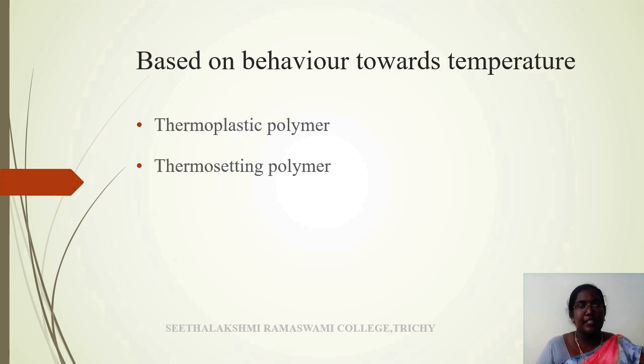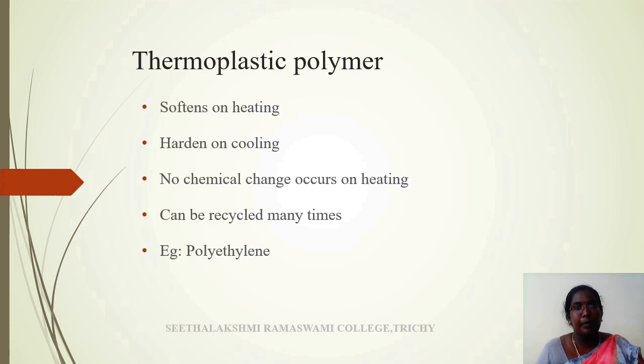Next, we are going to classify polymers based on how they behave towards temperature. If we heat a polymer, it will react in some way. Based on how it reacts, we have two types: the thermoplastic polymer and the thermosetting polymer. Thermoplastic polymers soften on heating and harden on cooling.